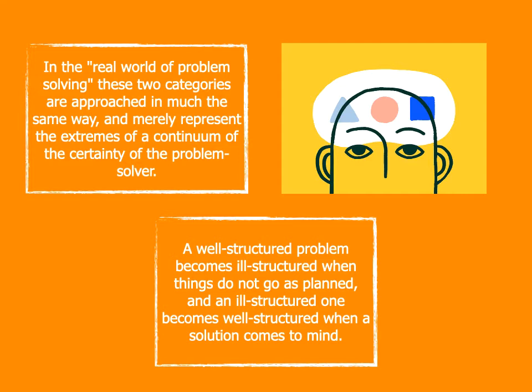So sometimes a problem could be leaning towards a well-structured problem with very little ambiguity, and some problems could be leaning towards the ill-structured problems with more ambiguity and uncertainty. Okay? So a well-structured problem becomes ill-structured when things do not go as planned, and an ill-structured problem could also become a well-structured one when a definite solution comes to mind. So it can actually slide from one side to the other.